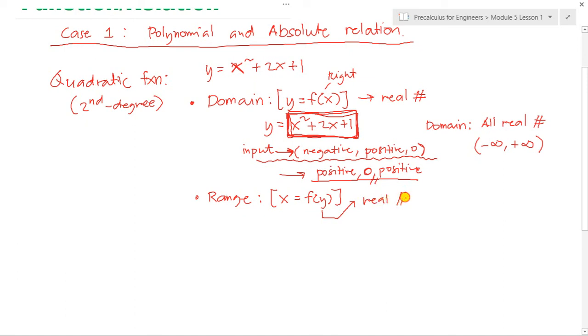Class, can we transform y is equal to x squared plus 2x plus 1 into this form, where only x remains as a function of y? Can we do that, class?